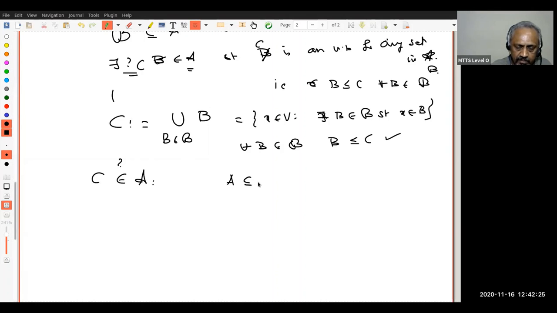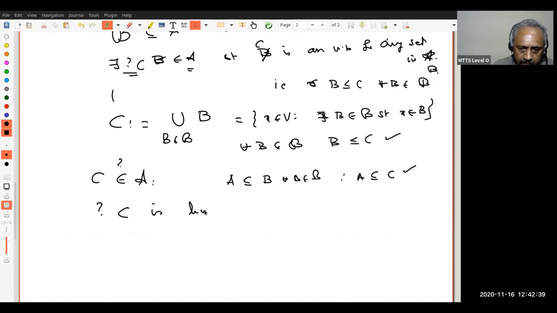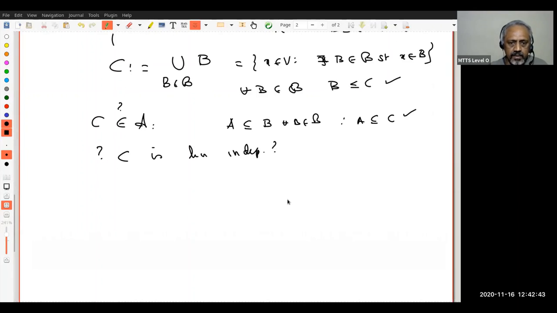A is contained in every B, for every B in script B. Therefore, A is contained in C. So the second condition is met. Now I have to check whether the first condition is met. That is, I have to check whether C is linearly independent. But that's easy. When do I say C is linearly independent?